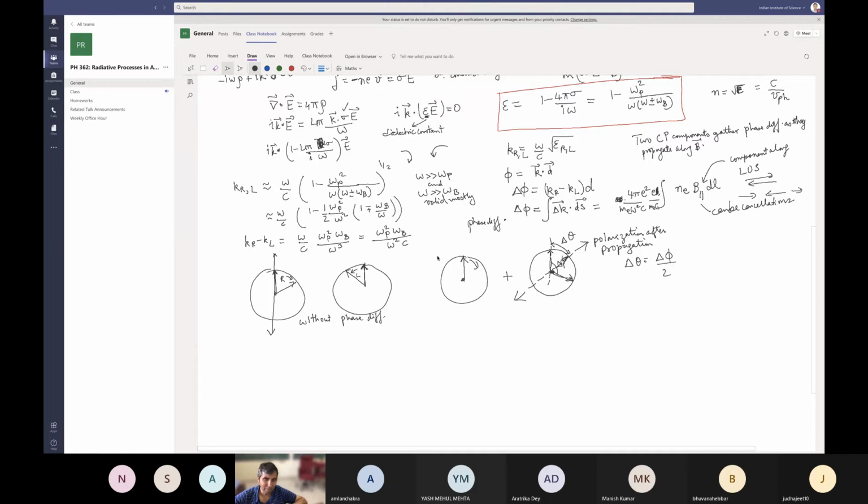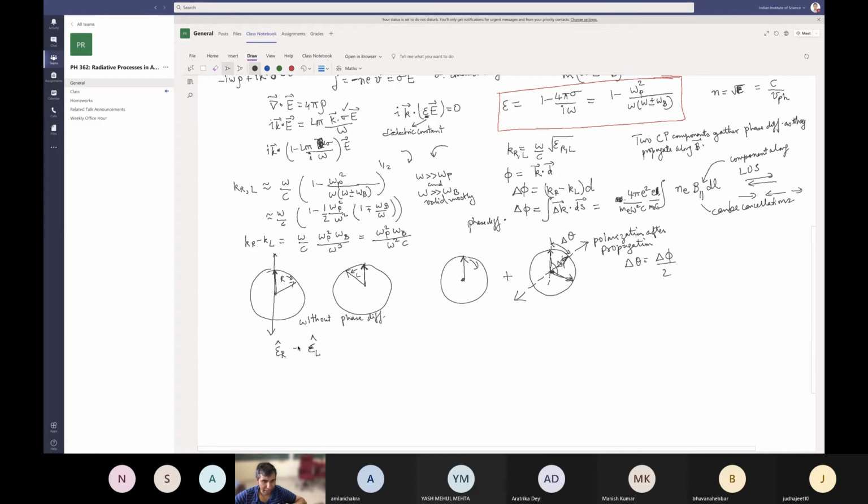And we can also see this mathematically in the following way, right? So in this case, we have epsilon R hat and epsilon L hat, right?